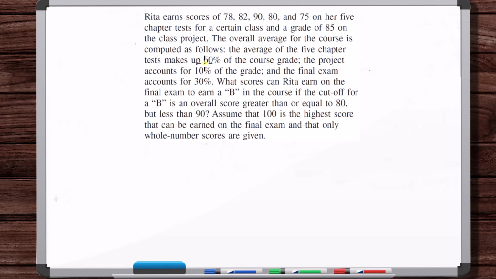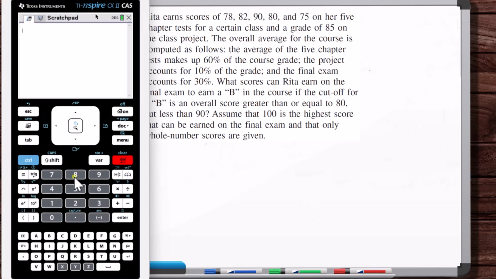Okay, so 60% of the grade is on her 5 chapter tests. So let's see what percent of 60 that she has, because that's done with. 78 plus 82 plus 90 plus 80 plus 75. Okay, so 81%.